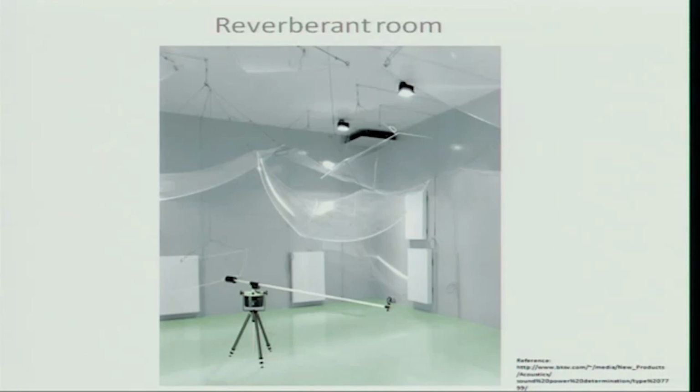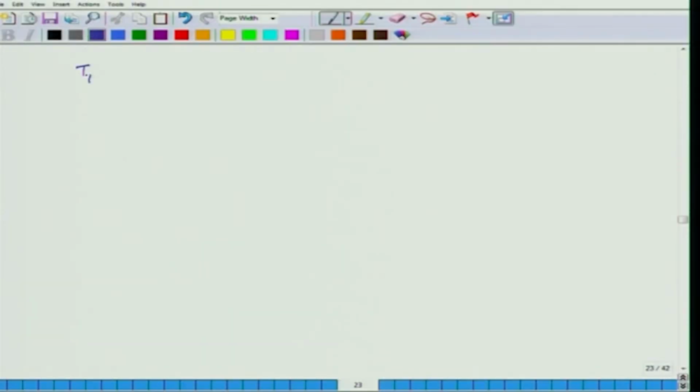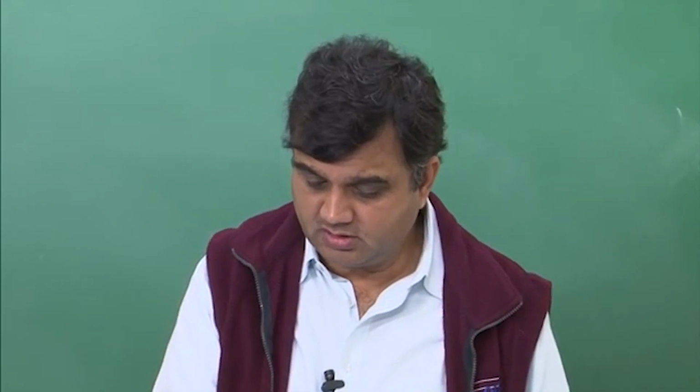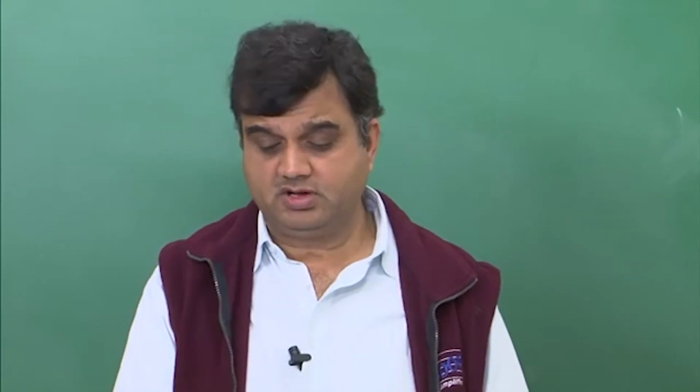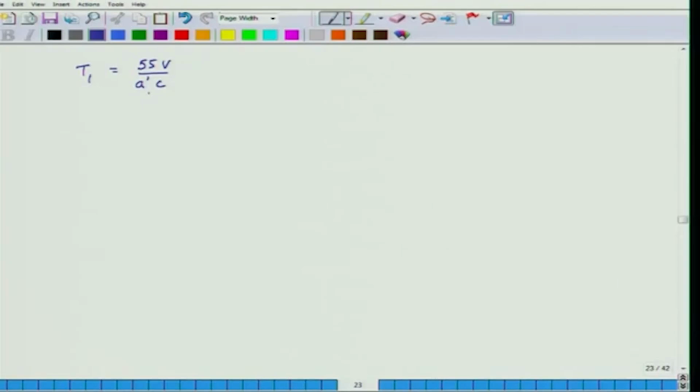Let's call the reverb time for the chamber T1. So T1 is equal to 55V over A prime C, where T1 is the reverb time for a reverb chamber which has nothing in it, and its A prime is A1. Okay, now I can measure this. So T1 can be measured.